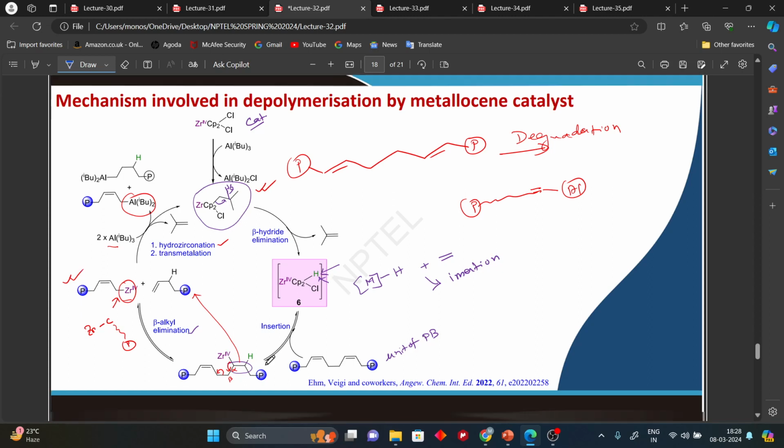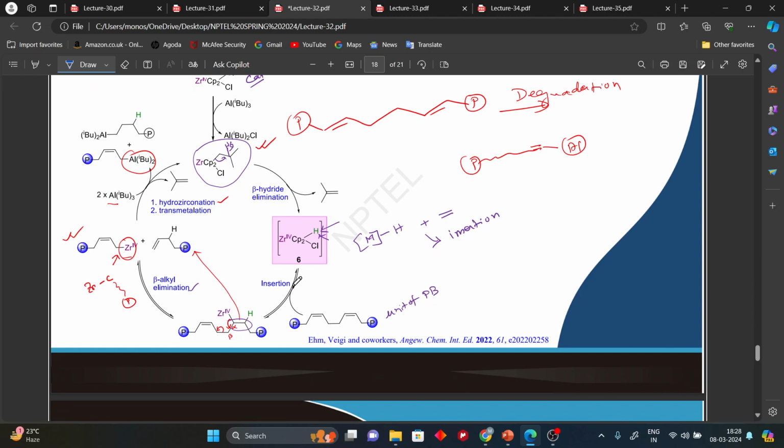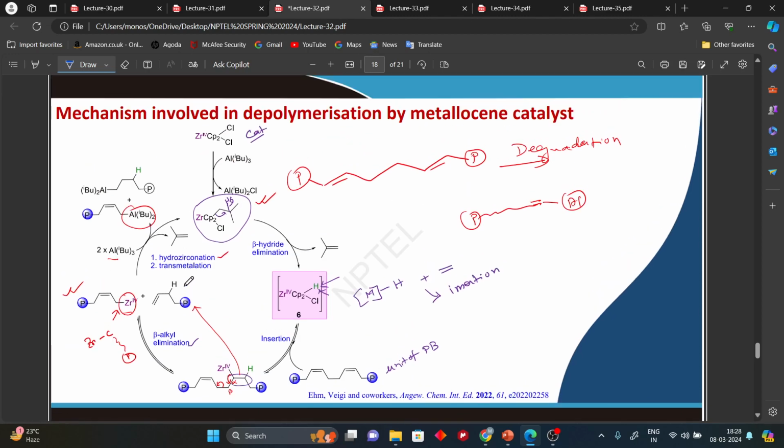And these actually react with your polymers by insertion reaction followed by alkyl elimination, the same process we have explained earlier, and aluminum just catalyzes the whole process. And this is how depolymerization can happen.